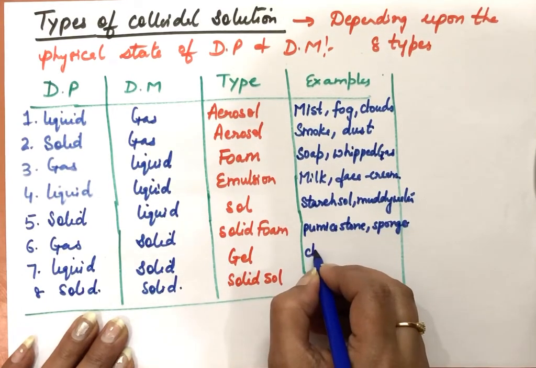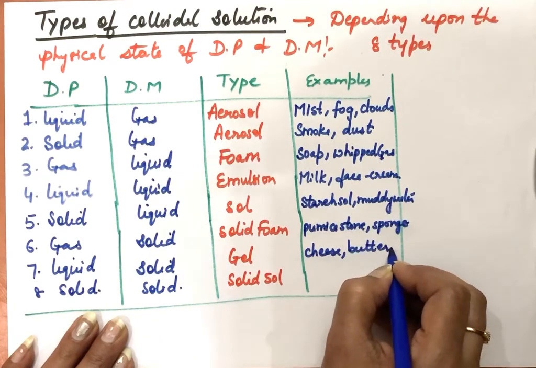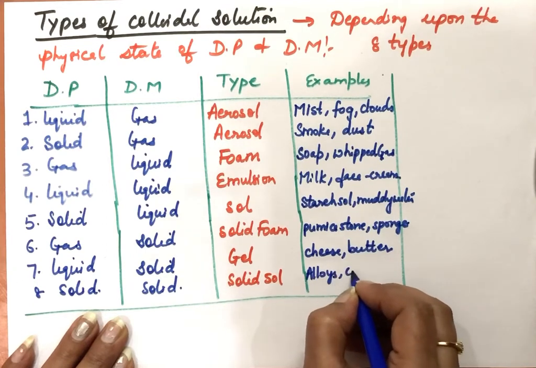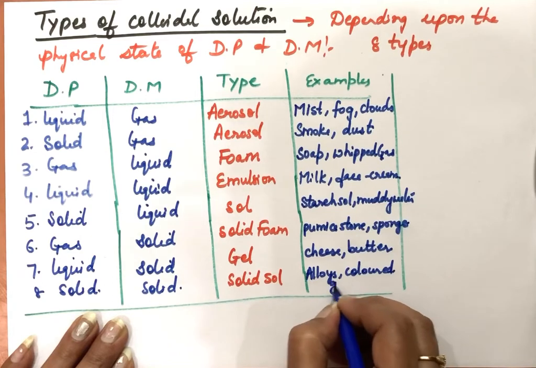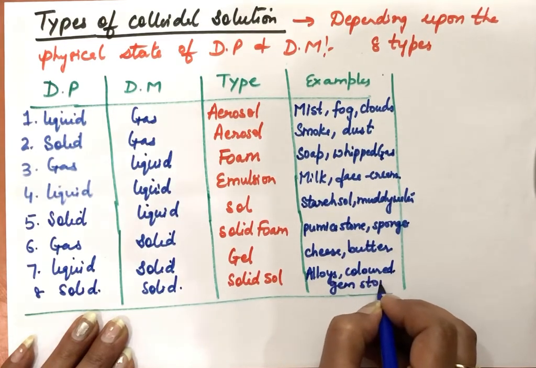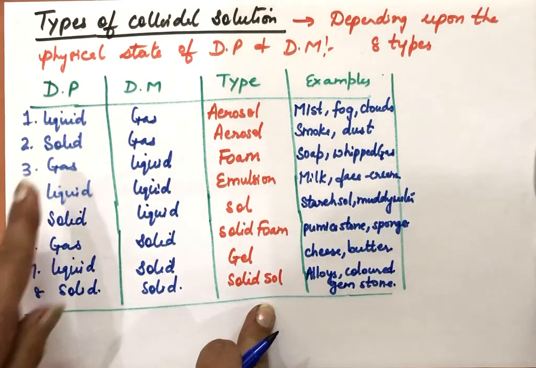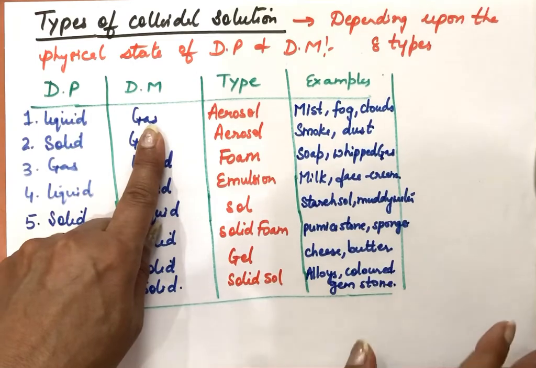Liquid in a solid examples are cheese, butter, jelly. Solid in solid is alloys, the colored gemstones that we use in jewelry. These are examples of solid sols. So these are the types of colloidal sols depending on the physical state of the dispersed phase and dispersion medium.